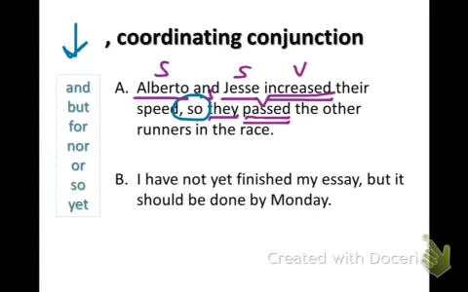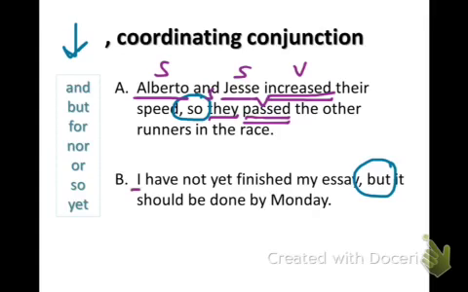In sentence B, I have not yet finished my essay, but it should be done by Monday. Again, unless I have items in a series, I see a comma and a coordinating conjunction here. So I will be looking for a subject and verb on one side of the conjunction and a subject and verb on the other side of the conjunction as well.